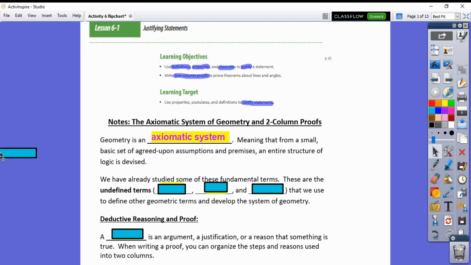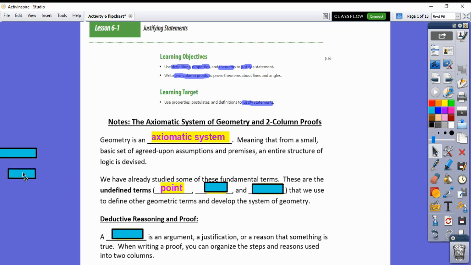The axiomatic system of geometry was actually the name of your activity 3, so you've already seen how axiomatic systems work a little bit. And we have already studied some of these fundamental terms. Those would be the undefined terms in geometry that you learned about in activity 1. Do you remember what those are?